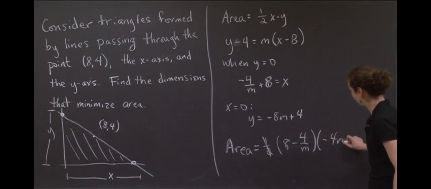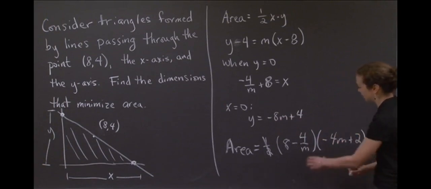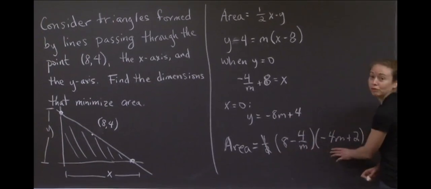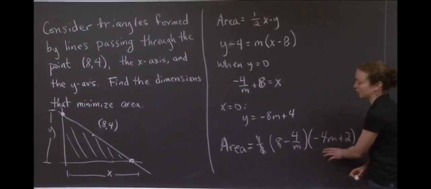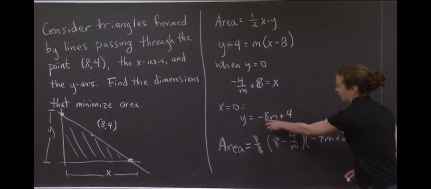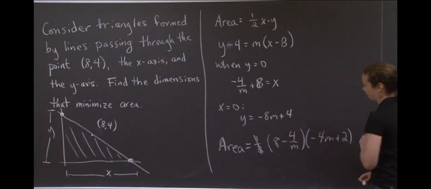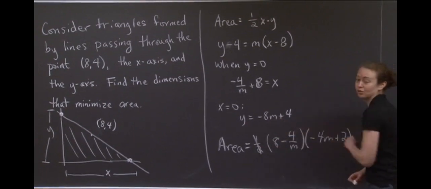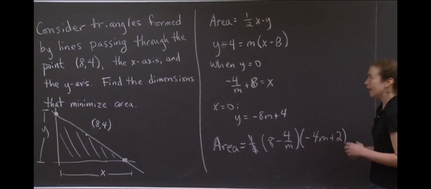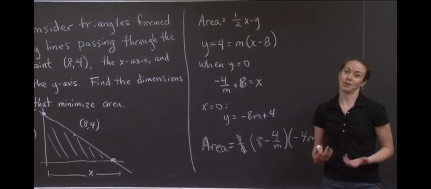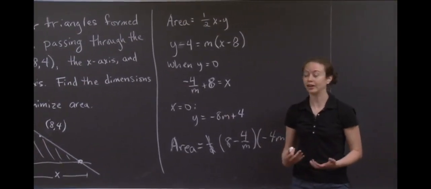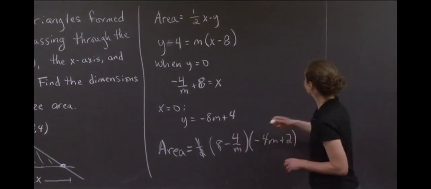Negative 4m plus 2. So this is x, and this is half of y. So just to make it simpler, I'm not carrying through the 1/2. I'm dividing every term in y by 2. And again, what are we trying to do? We're trying to optimize. So now we want to take the derivative of area with respect to the slope.